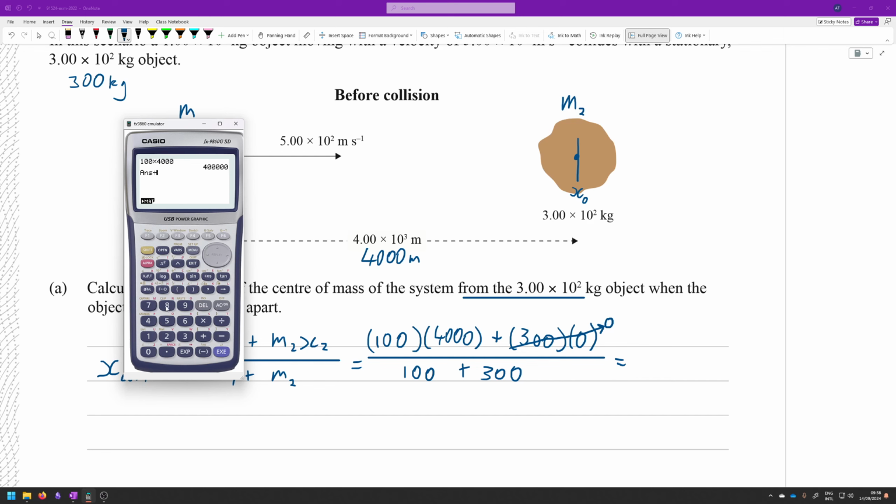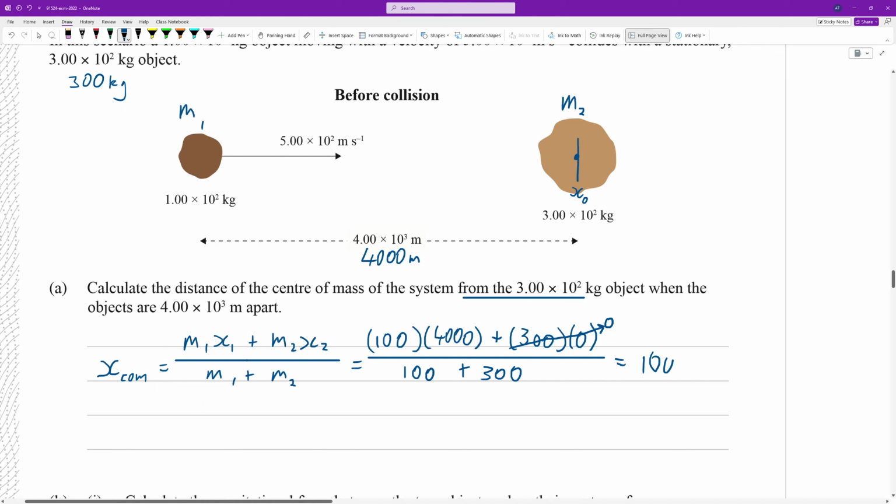We divide it by 100 plus 300, closing off our brackets, to give 1,000 meters. Alright, so the center of mass is about here.